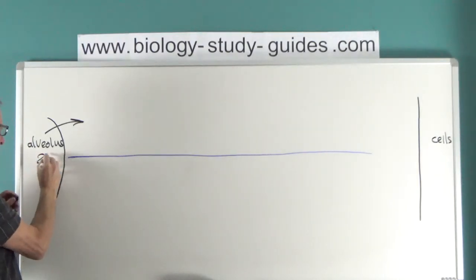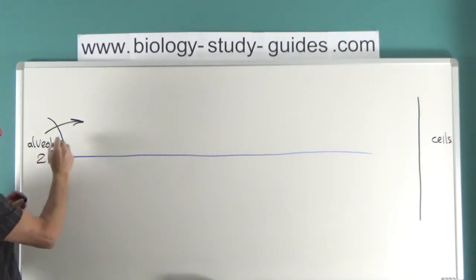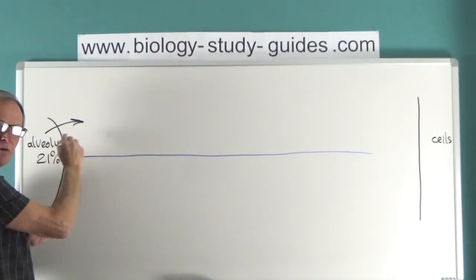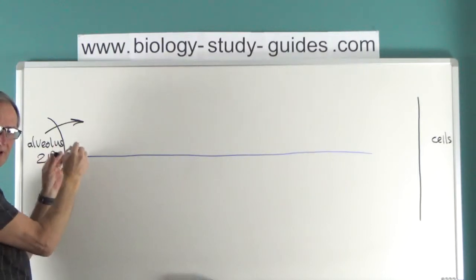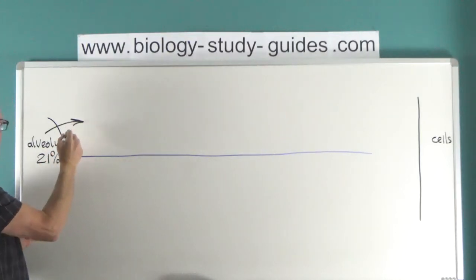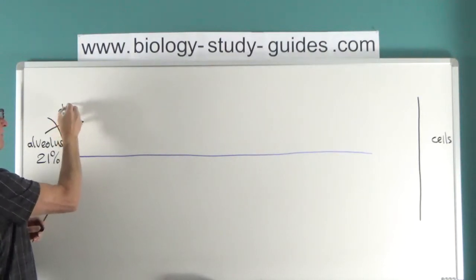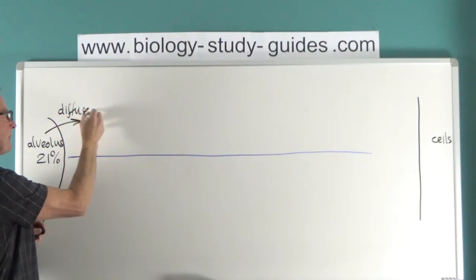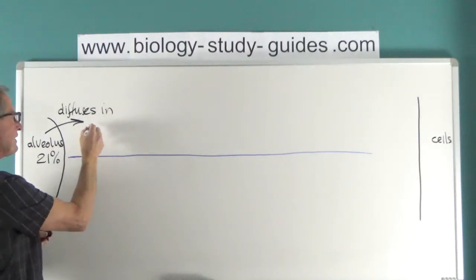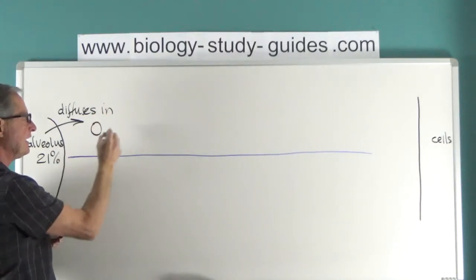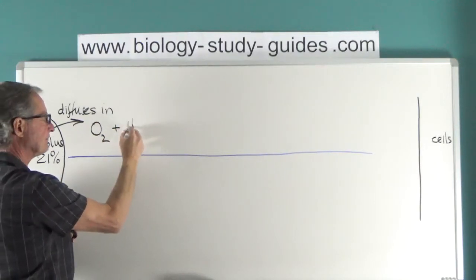Remember, this is, say, 21%, and the percentage of oxygen, the partial pressure, we talk about partial pressures when we have gases in a fluid. Partial pressure of oxygen is less, so it diffuses into the blood.